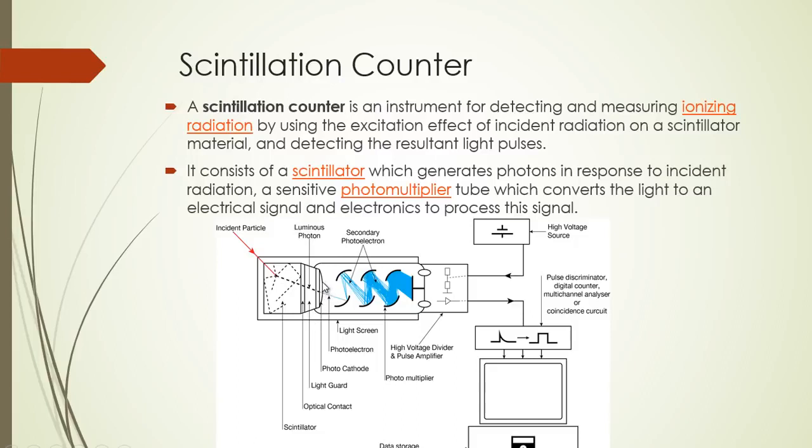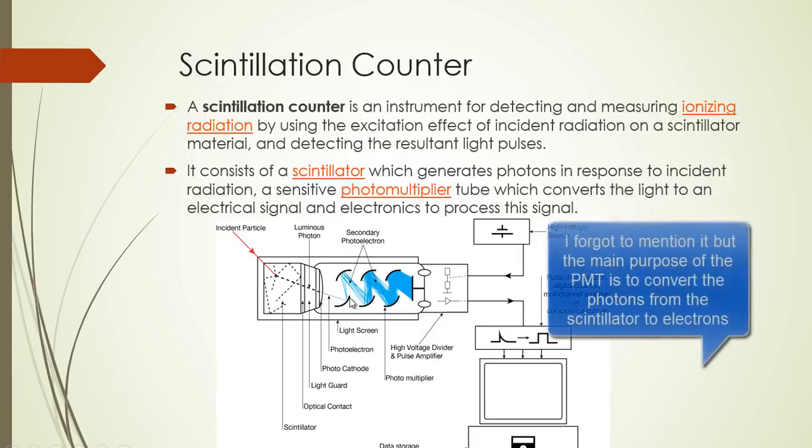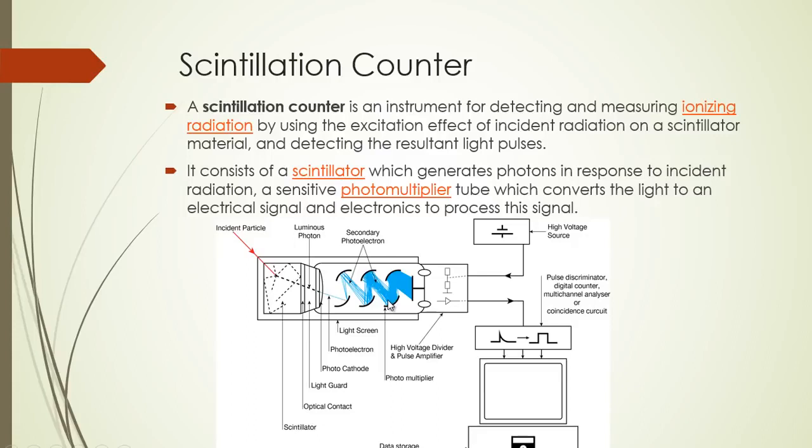So what we have here is our scintillation counter consists of a scintillator, which is right here. Then we have a photomultiplier, which would be this section from here to here, and the purpose of this photomultiplier is to multiply the number of light pulses that we get, because we don't get enough photons from the scintillator, so we need some kind of a multiplier system to amplify the signal that we get from the scintillator.